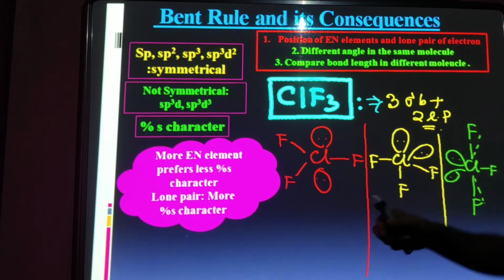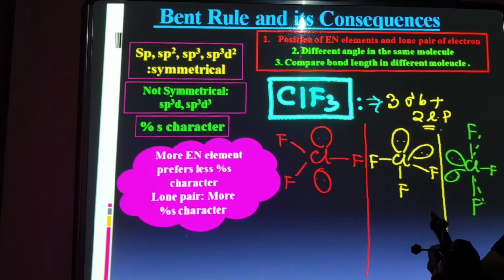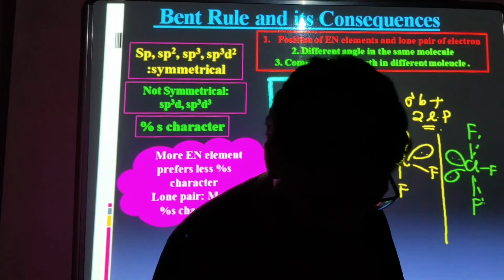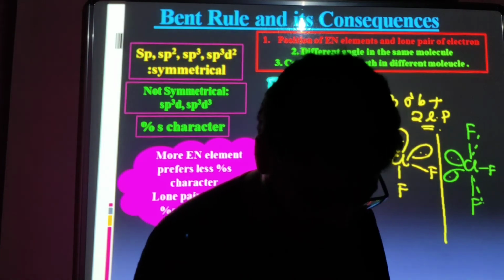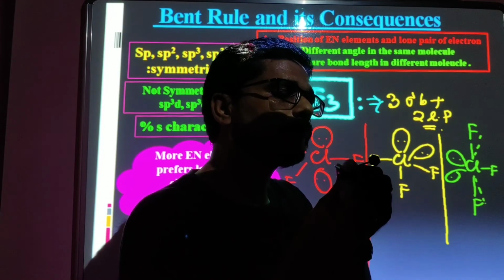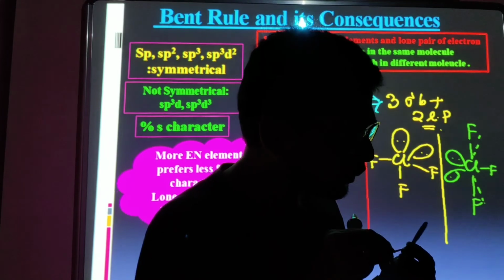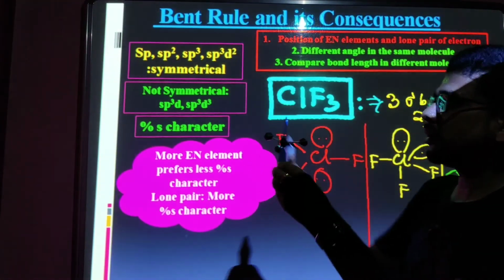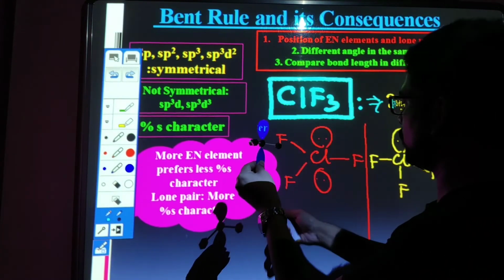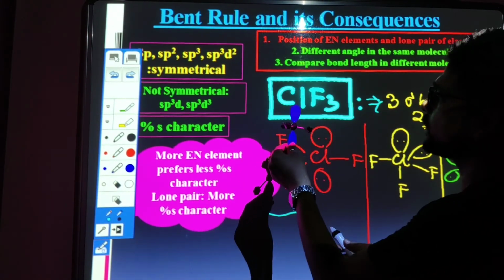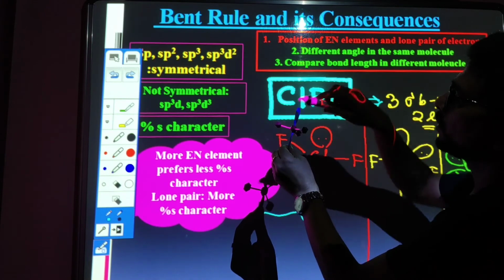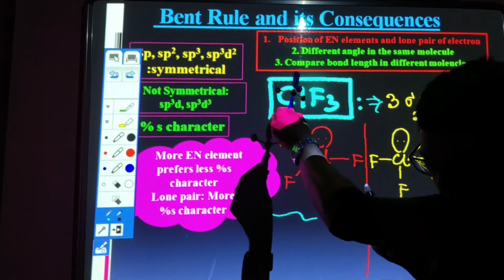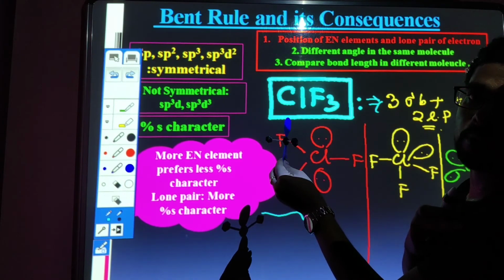Okay, you just look here. I think you can see it. Triangular plane, equilateral, and this is axial. How many 90-degree lone pair and bond pair repulsions?